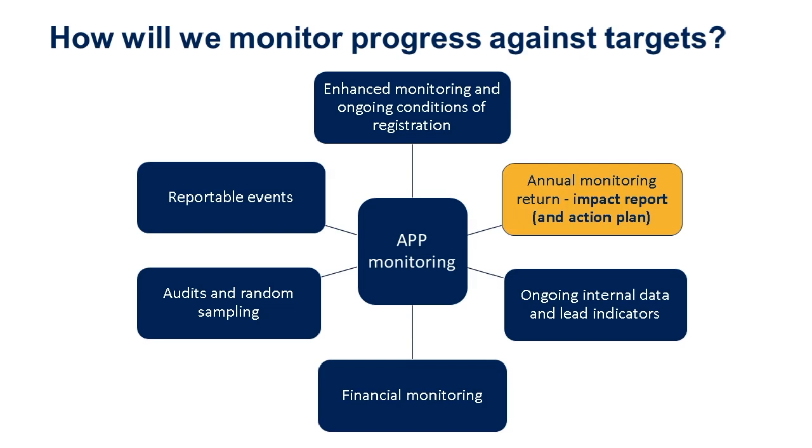For access and participation plans specifically, there will be an annual monitoring return, which is the impact report, and providers will always have the opportunity to comment on their progress against their targets. So we don't look at targets in isolation, we look at progress against targets based on your context.